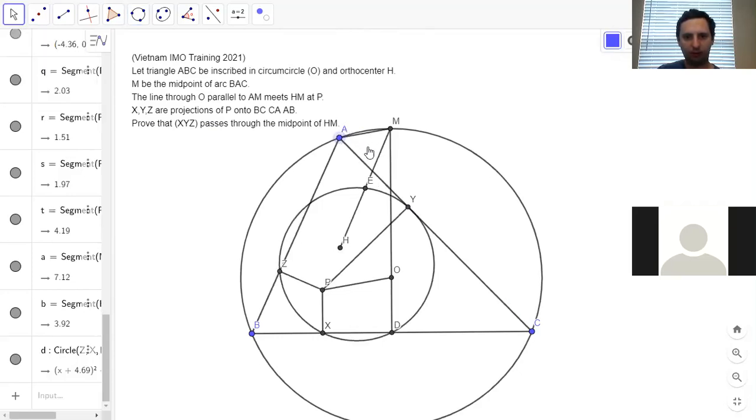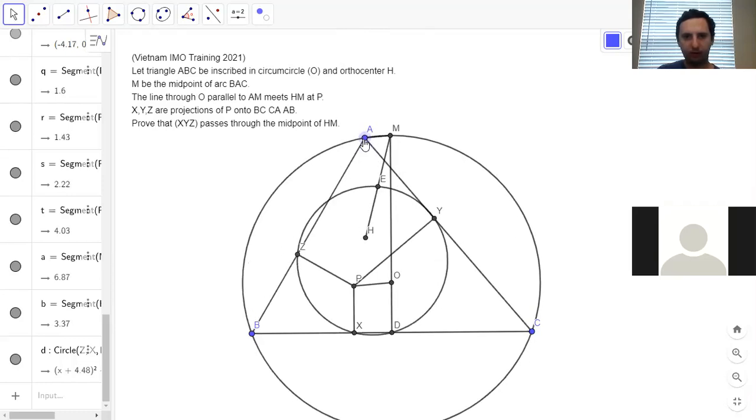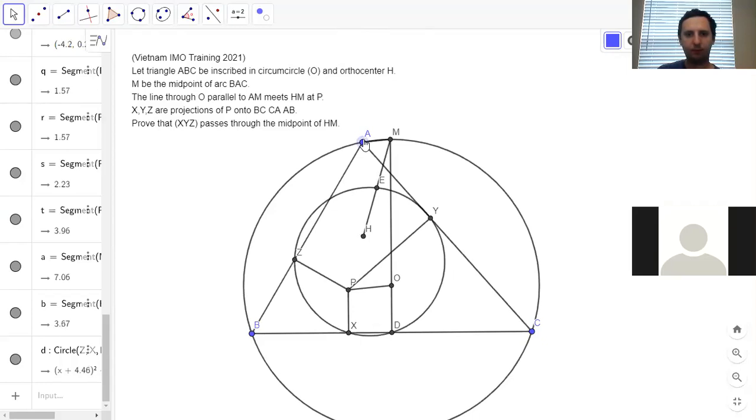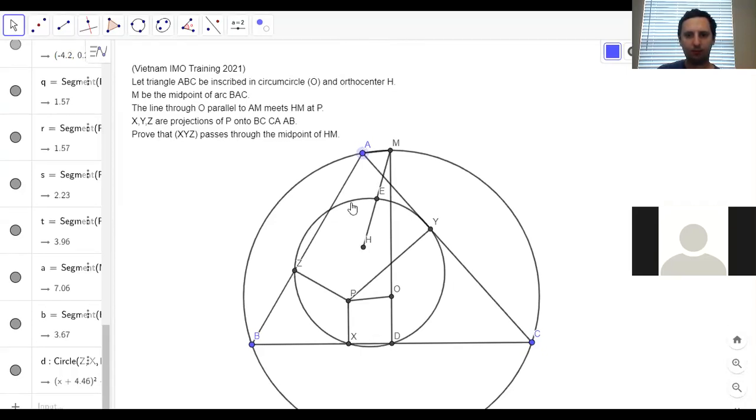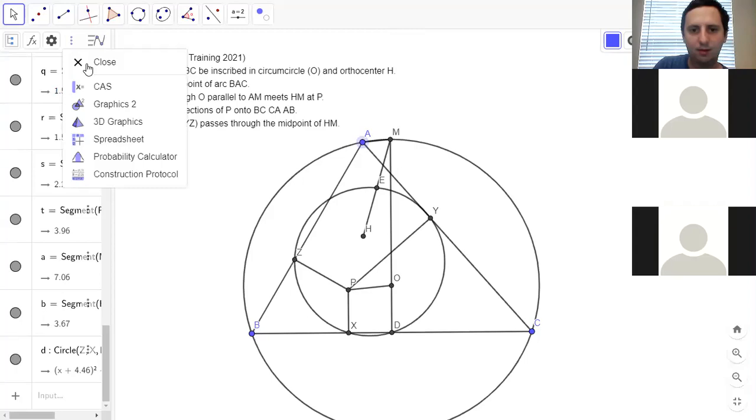So do we have isogonal? I wonder what the isogonal conjugate of P is. I think the isogonal conjugate must lie on the line DM. Because if we say the isogonal conjugate is P prime, then the projection of P prime onto BC must also lie on that circle.